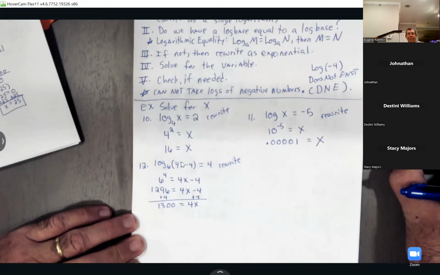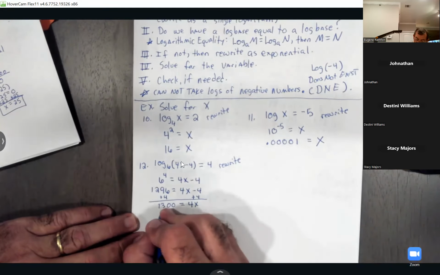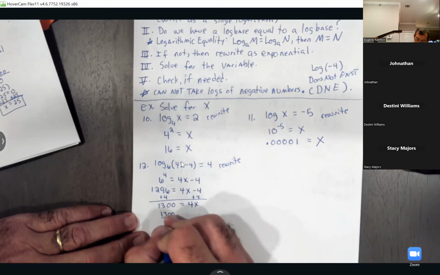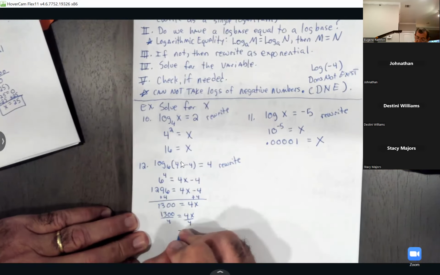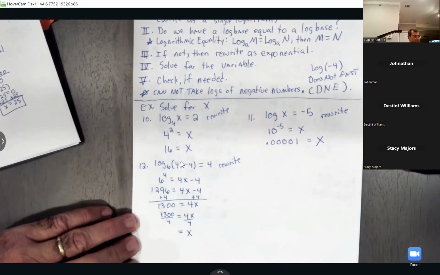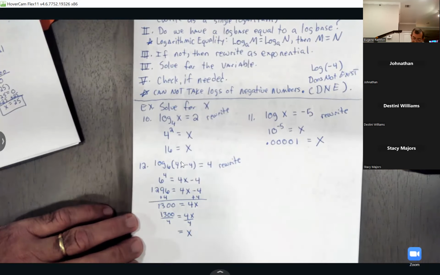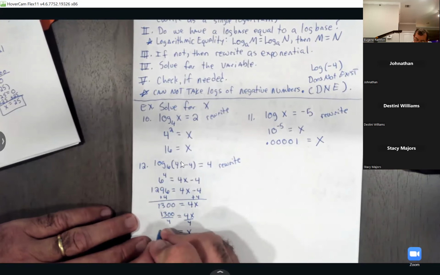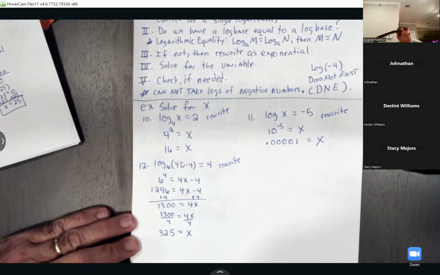And I'm going to pull that down for a second. And then what? Divide both sides by 4. On the right side, I got my X now. So let's see, 1,300 divided by 4. Let's see, when I push that in, I had 325.